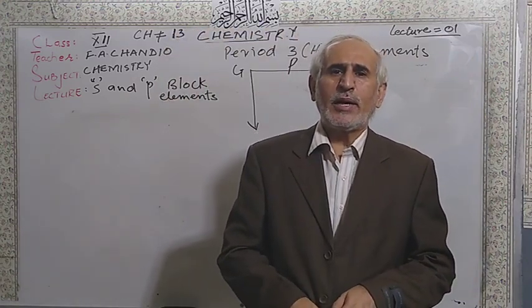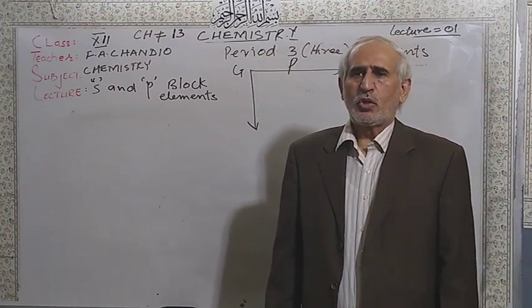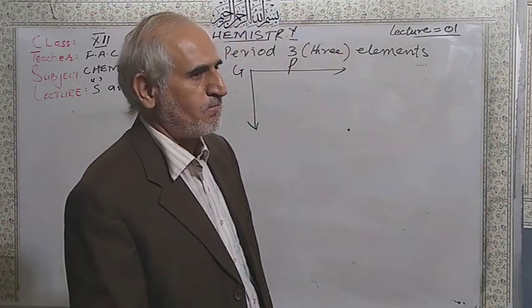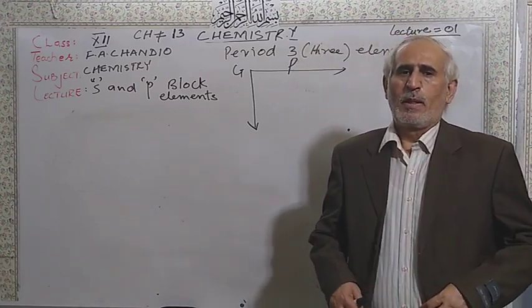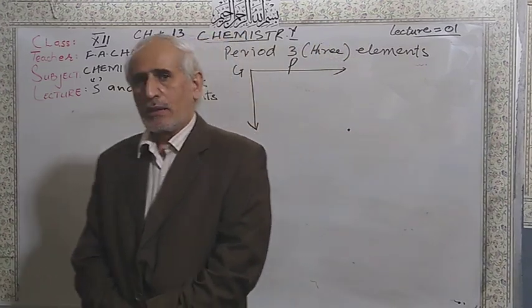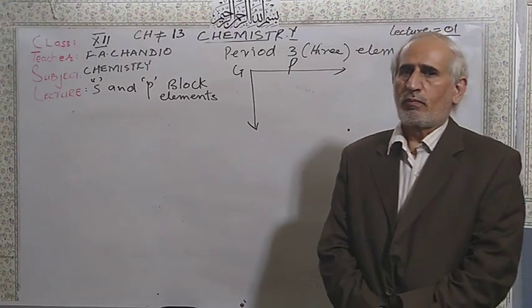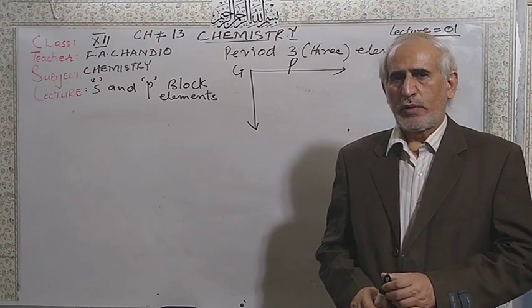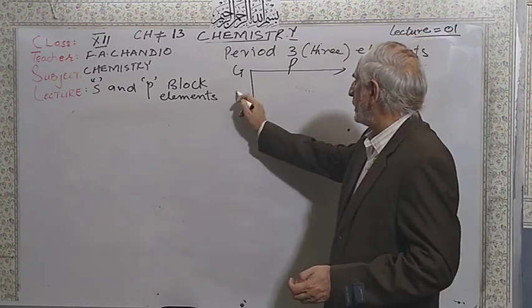In period number 2, you will find 8 elements starting from lithium, beryllium, boron, carbon, nitrogen, oxygen, fluorine, neon.